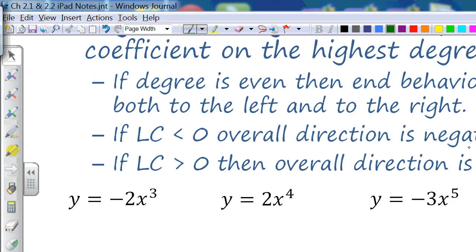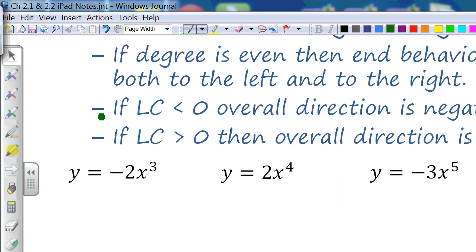Okay. So here we have a cube root and a negative. So it's going to go like this because it has a generally negative directionality. So it's going to have basically a negative directionality. Whereas here I have positive and it's fourth, so it's going to look something like that.